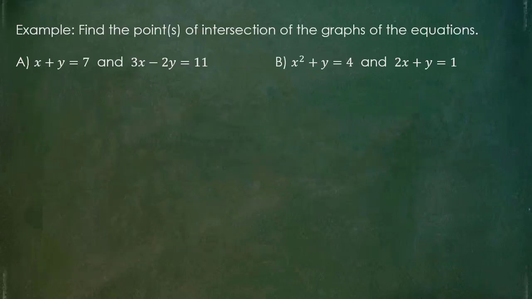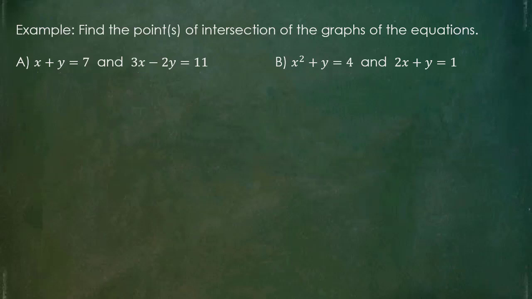But as far as practicing finding points of intersection, let's go ahead and try these two examples that we have right here. For this first one, letter A, we've got two linear equations because there are no powers: x plus y equals 7 and 3x minus 2y equals 11. So I have two expressions to try and find something in common between. It seems like I could make either x or y be by itself, then plug it into the other expression.